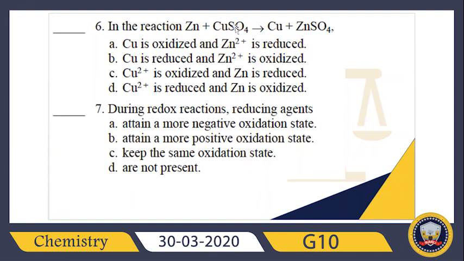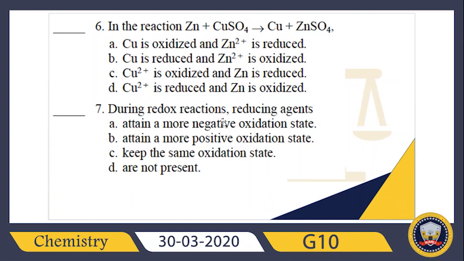It goes from bonded with another element to pure, so the oxidation number goes from plus 2 to 0. So it has been reduced. So Cu2+ is reduced, and Zn is oxidized. So the answer is D. Now question number 7.